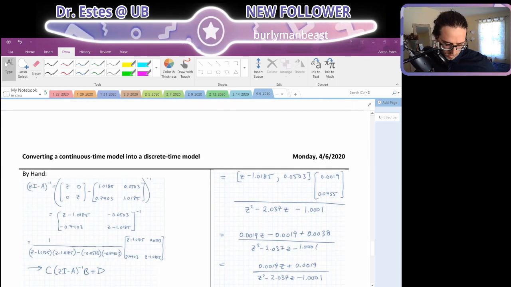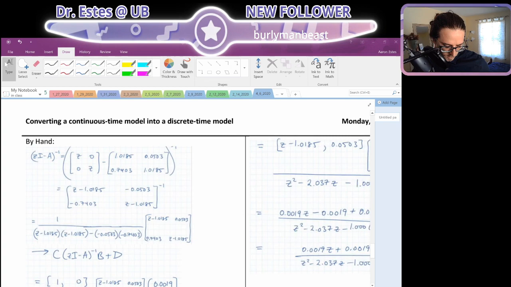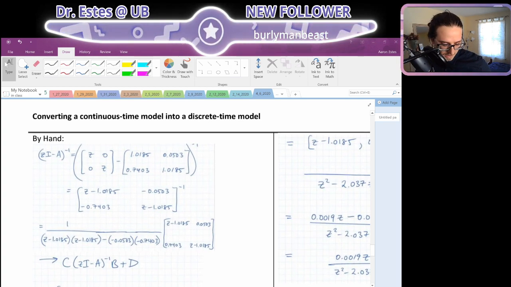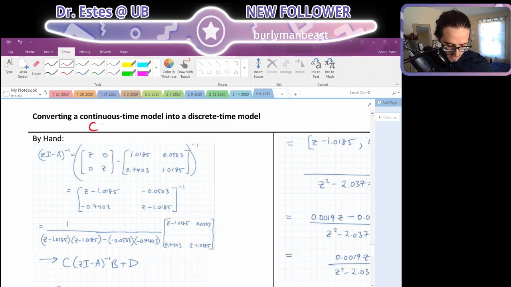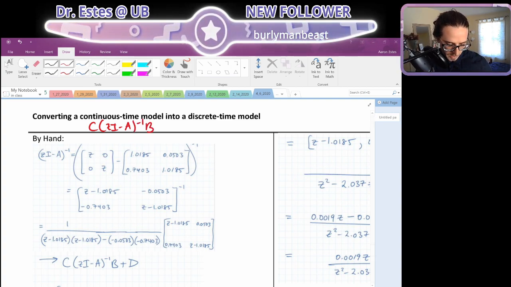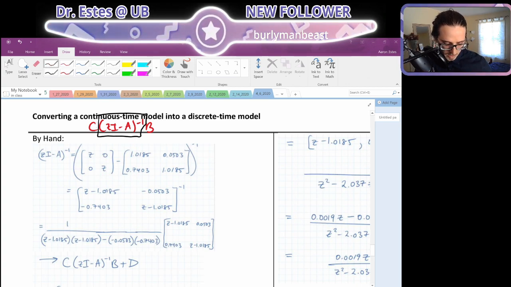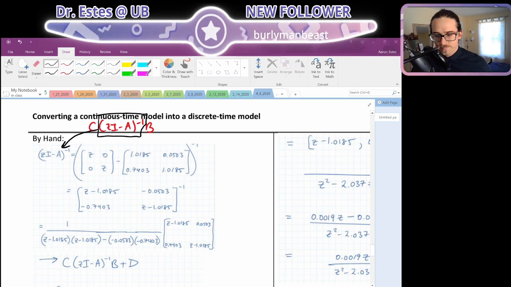The hardest part of doing this by hand is calculating C times (zI minus A) to the minus 1 times B, in particular the (zI minus A) to the minus 1.